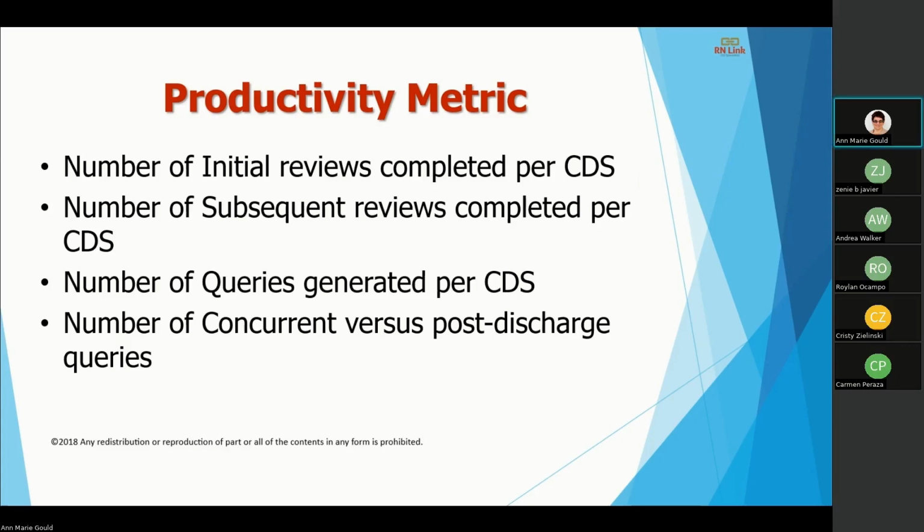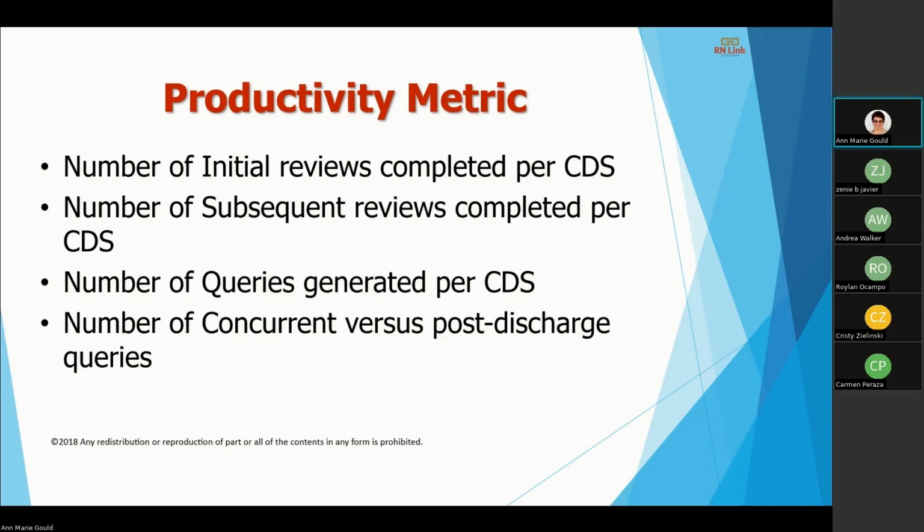So with the productivity metric, it's the number of initial reviews completed per CDS, the number of subsequent reviews completed by the CDS, number of queries generated, and then the number of concurrent versus post-discharge queries. So a patient is discharged and the coder asks me to send a query for a path report.